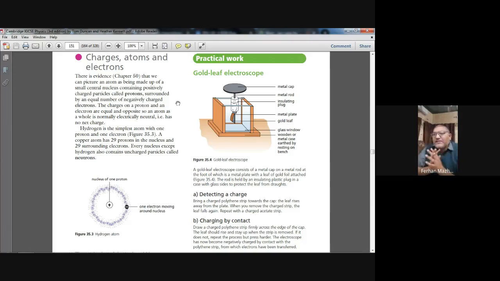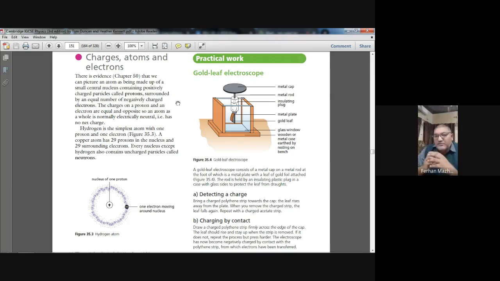For example, the hydrogen atom has one proton, one positive charge in its nucleus, and one negative charge in its orbit. So one electron, one proton. As a whole, the hydrogen atom is neutral because it has the same number of protons and electrons. So an atom is normally neutral.